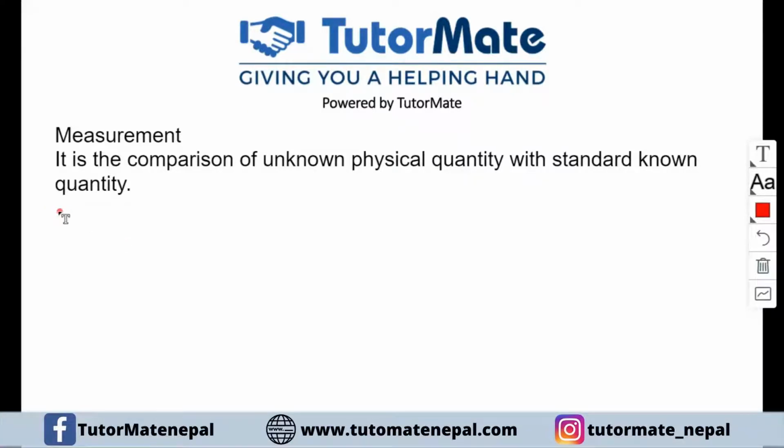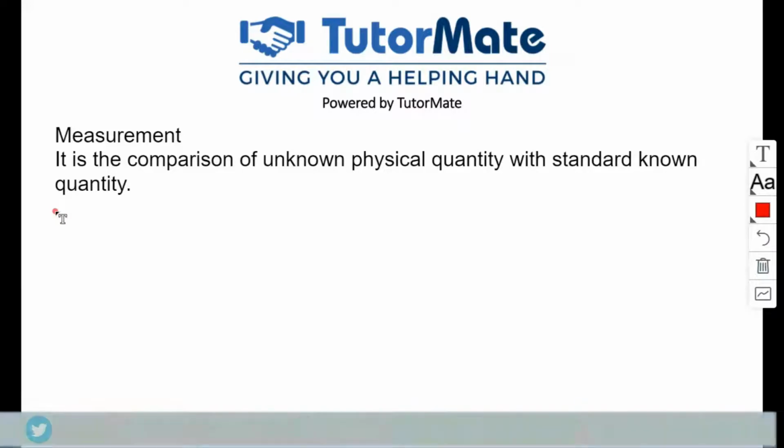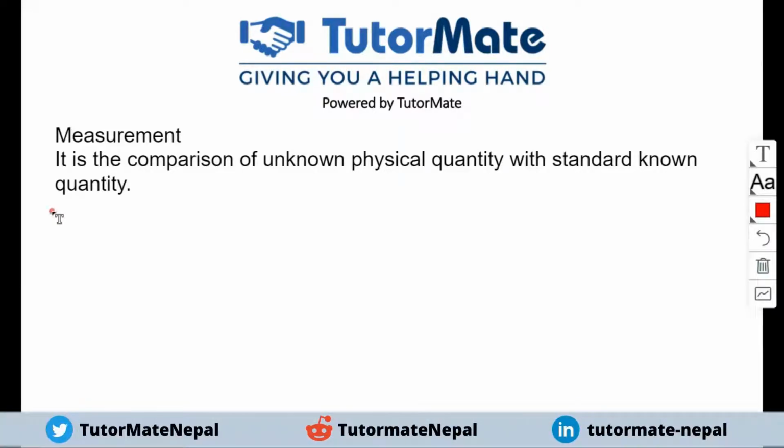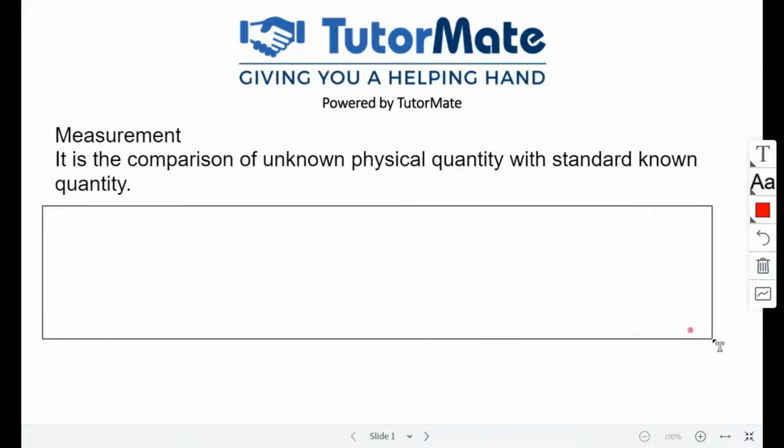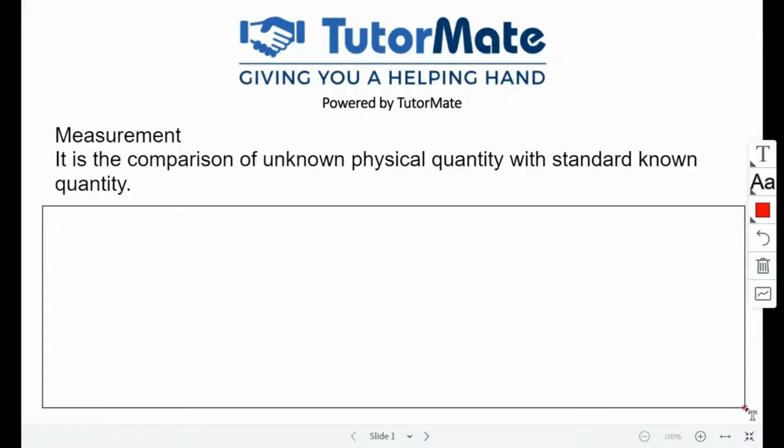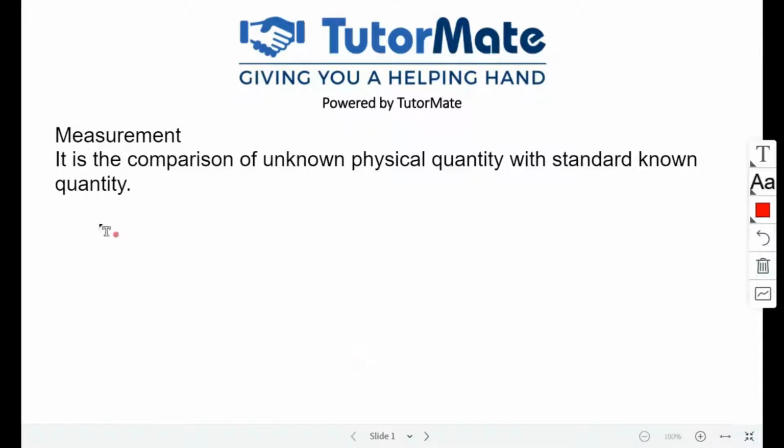Before knowing that, we have to know what a fundamental quantity and a derived quantity are. Do you have any concept about fundamental quantity and derived quantity? Yes, sir. Fundamental quantities are the base quantities, and the derived quantities are made up of fundamental quantities.